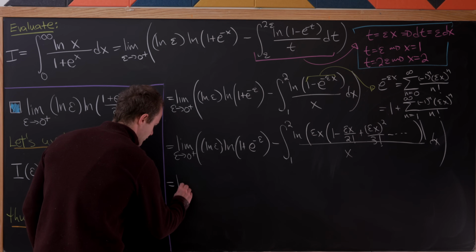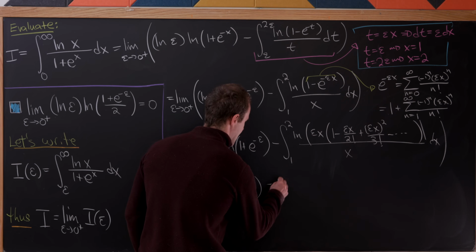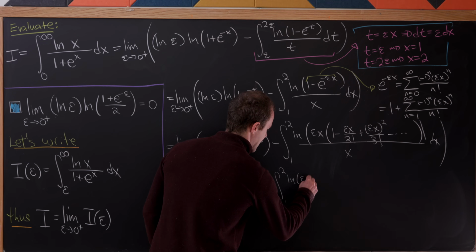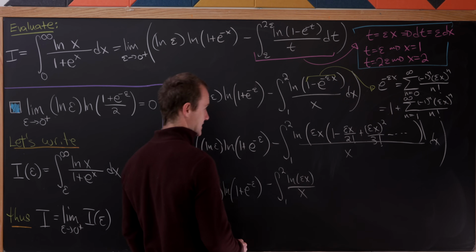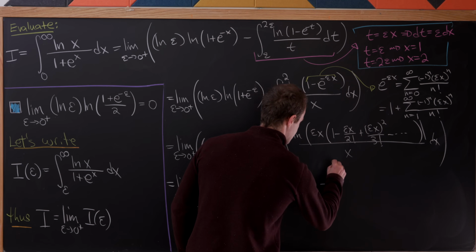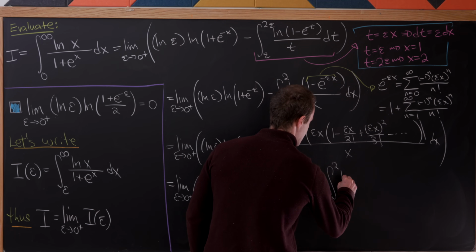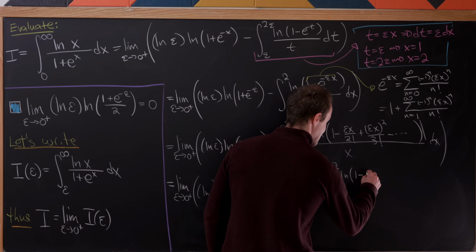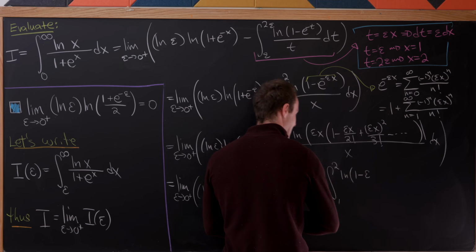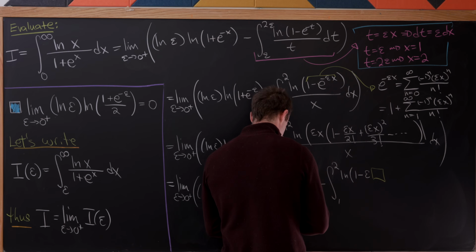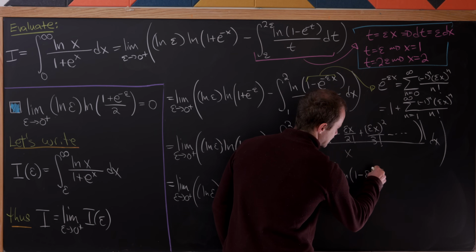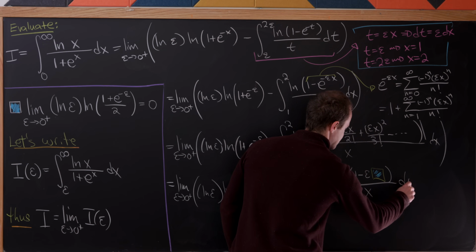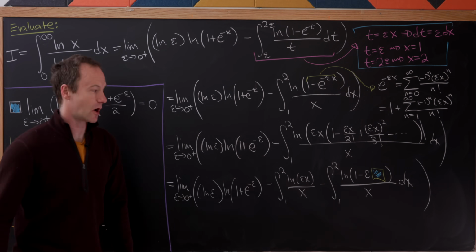Okay, so again, bringing all this down, we will now have minus the integral from 1 to 2 of the natural log of epsilon x over x, and then minus the integral from 1 to 2 of the natural log of 1 minus epsilon times a bunch of stuff. And I'll just put all of that stuff into this blue and yellow box. And this is all over x dx. Okay, so that's where we are at the moment.